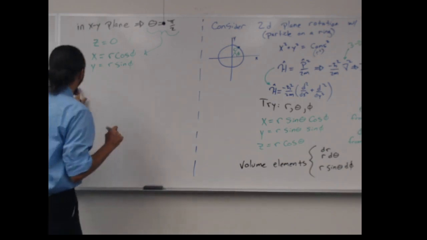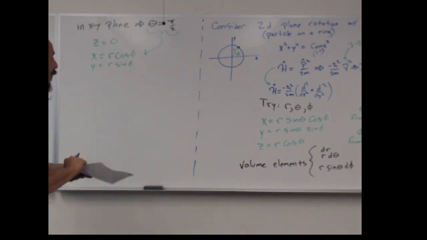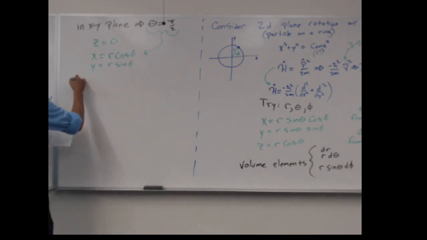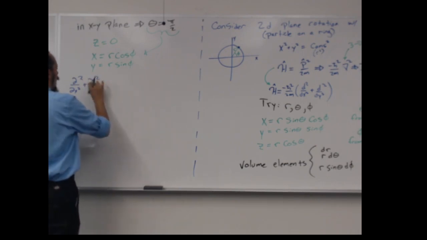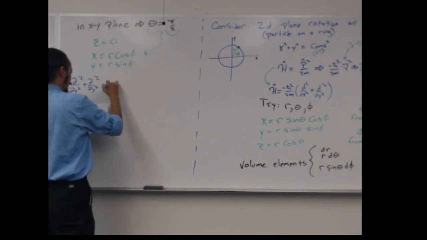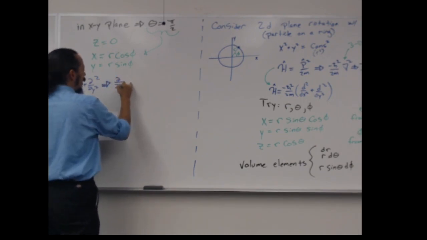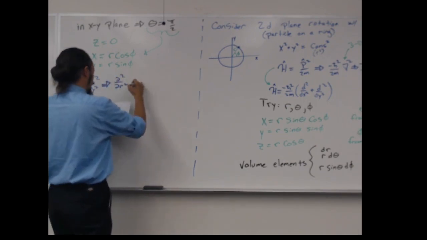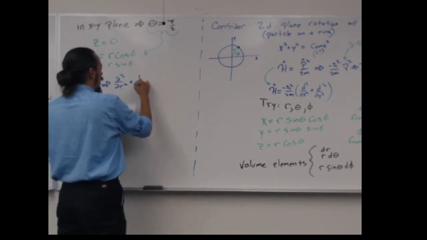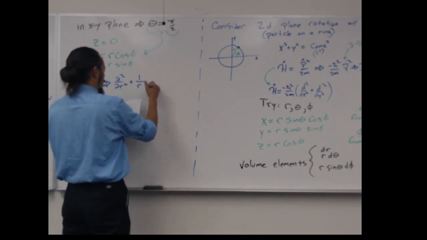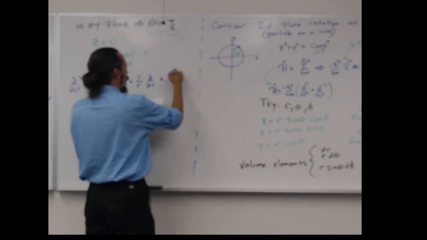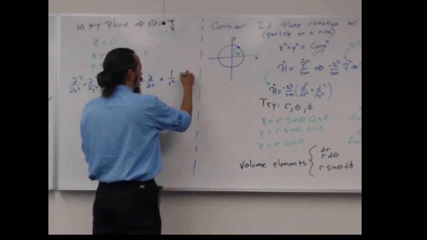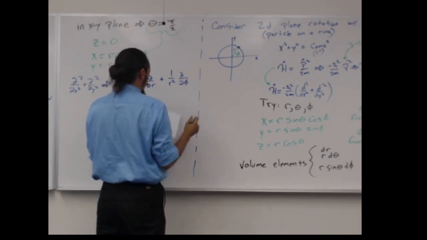Here's how it works out. So I'm gonna show you the end of the story, if that's okay. So we're gonna have our d by dx squared plus our d by dy squared, and that's going to go to d by dr squared plus 1 over r d by dr plus 1 over r squared d by d phi.